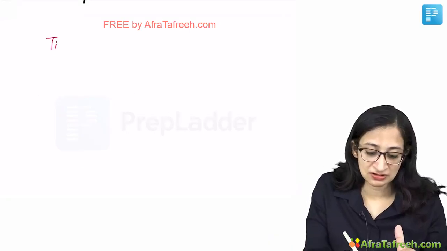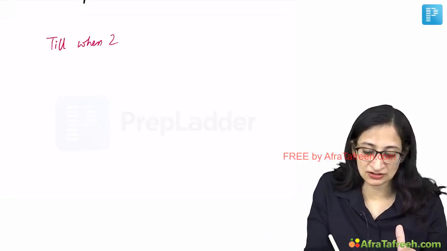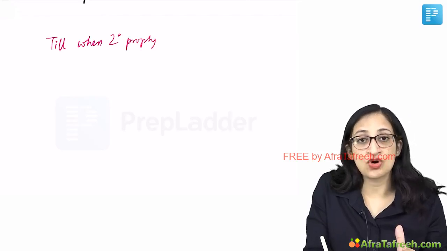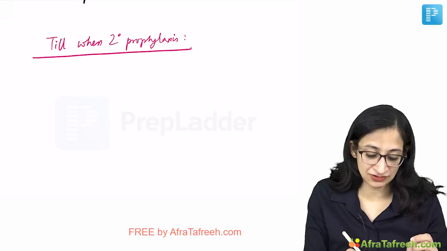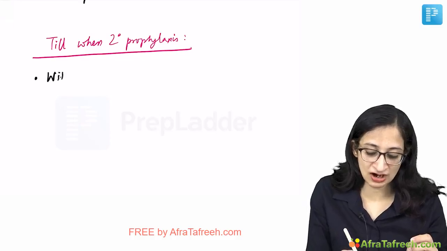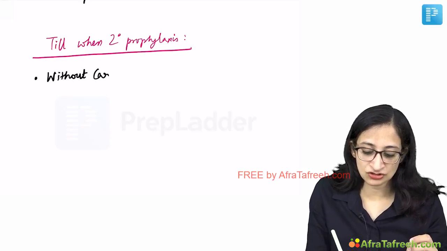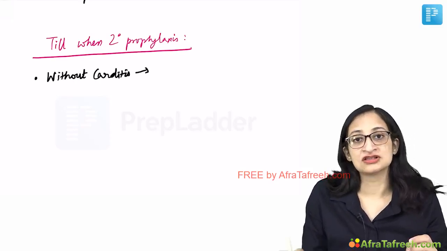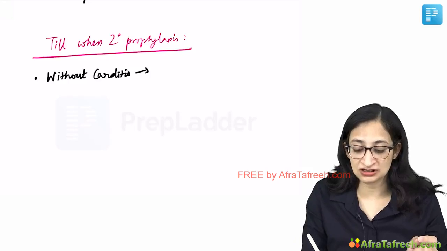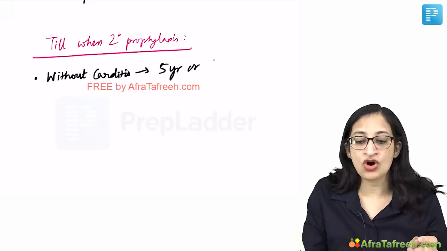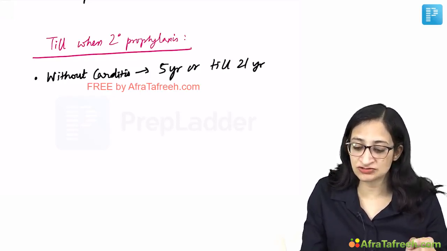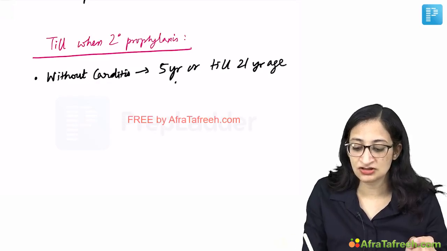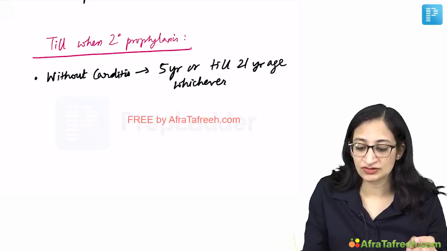So till when is the secondary prophylaxis required? That depends upon the initial extent of involvement. If there was an acute rheumatic fever but without carditis, then the duration of prophylaxis should be at least 5 years or till 21 years of age, whichever is later.